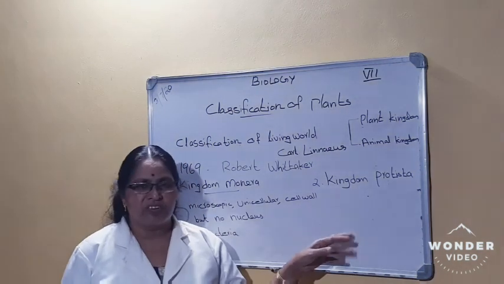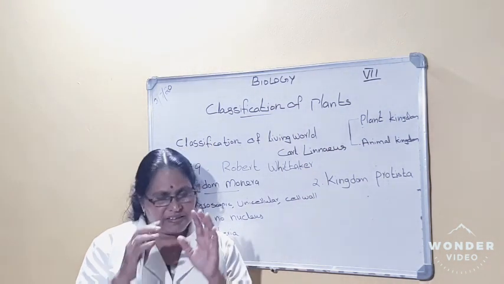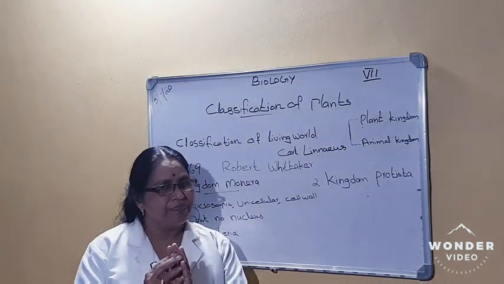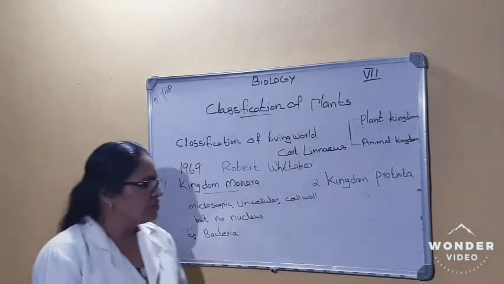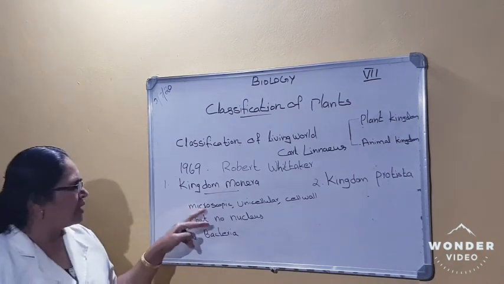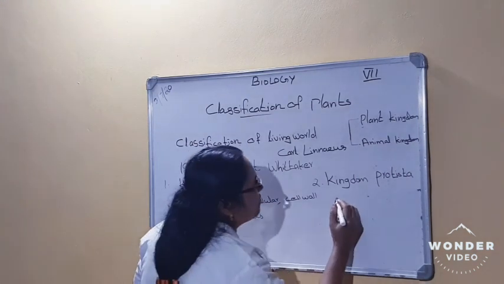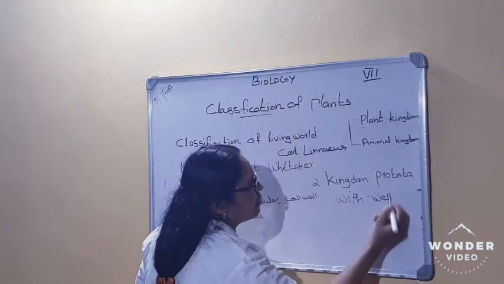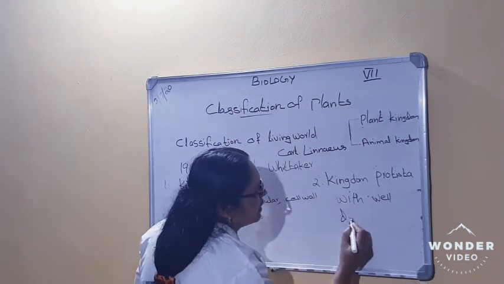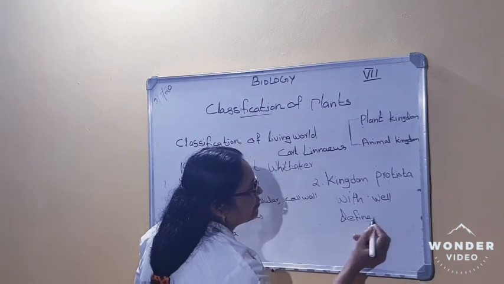In kingdom Protista, inside the cell there is a nuclear membrane, a well-defined nucleus. So the most important characteristic is they are microscopic, unicellular with a well-defined nucleus. That is the most important point.